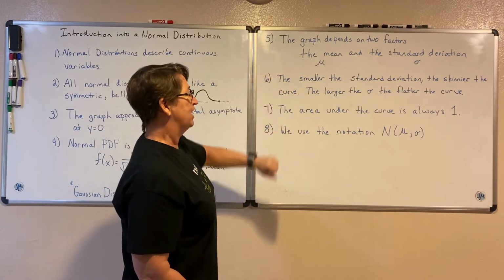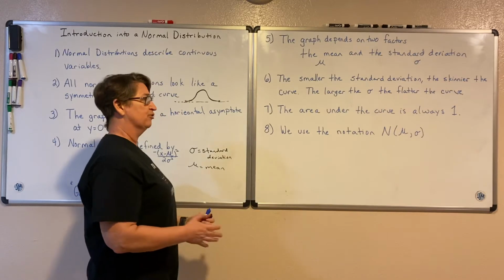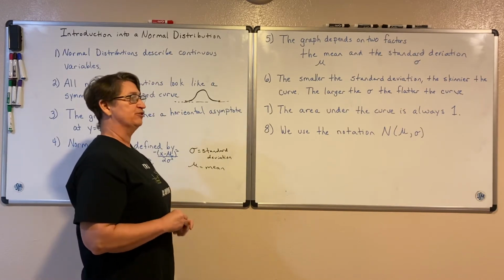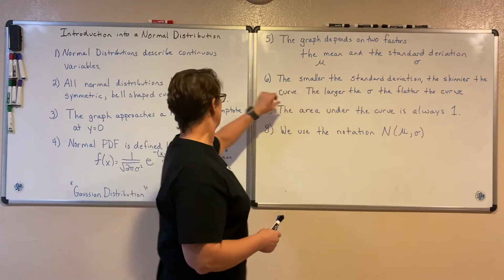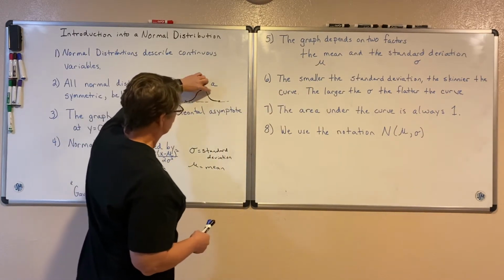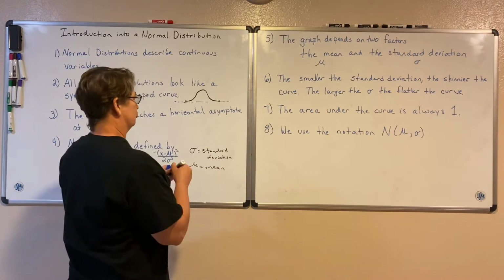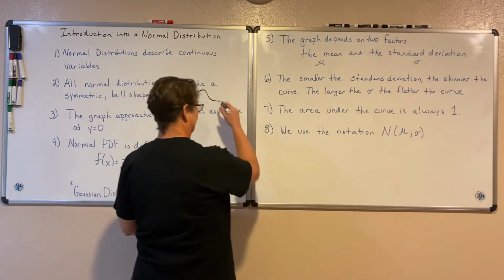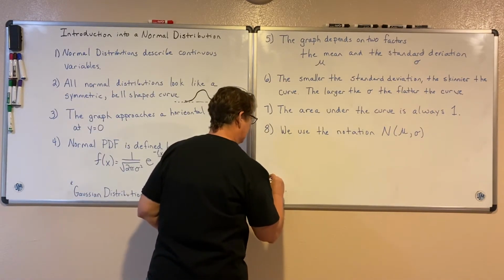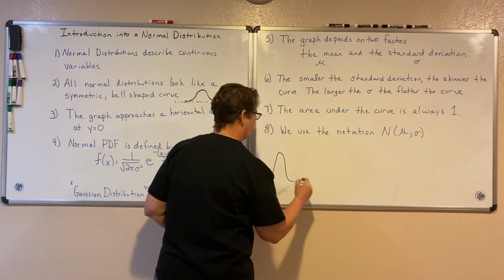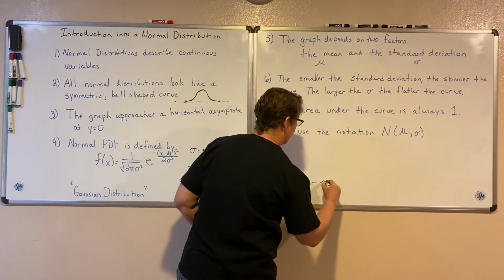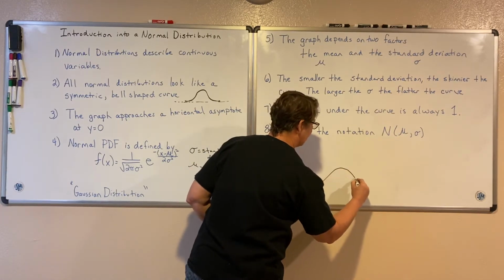The smaller the standard deviation, the skinnier the curve, and the larger the standard deviation, the flatter the curve. But no matter that shape, it will always have this bell-shaped look, where it's symmetric and bell-shaped. So maybe it is tall and skinny like this, or maybe it is short and flat like that.